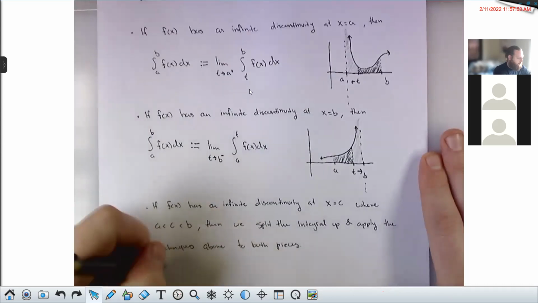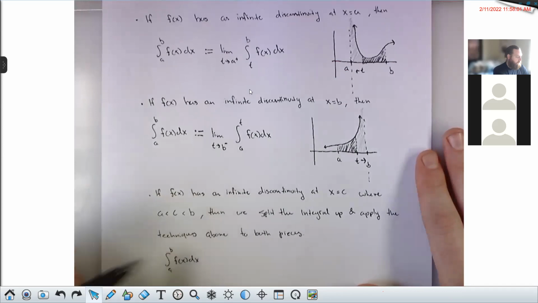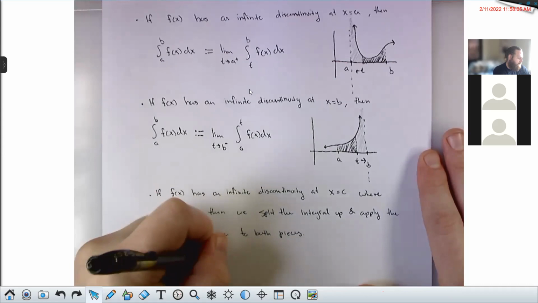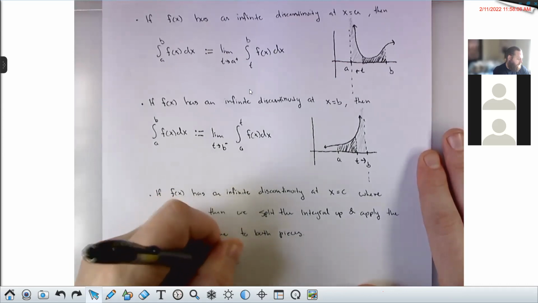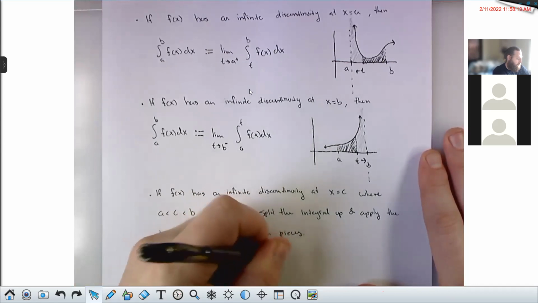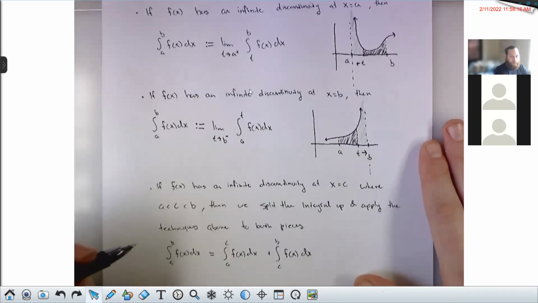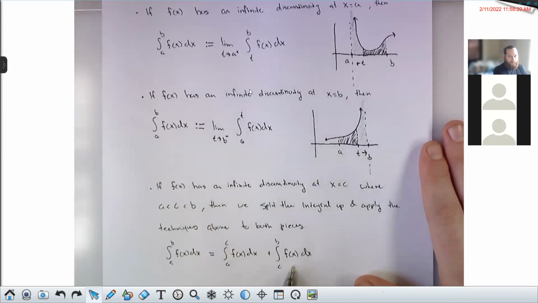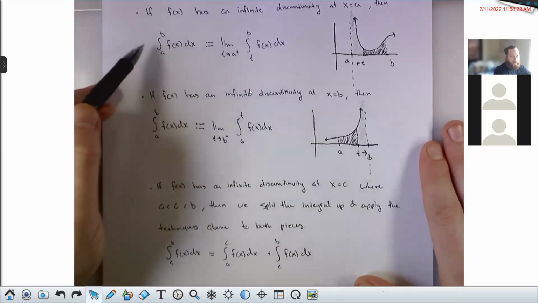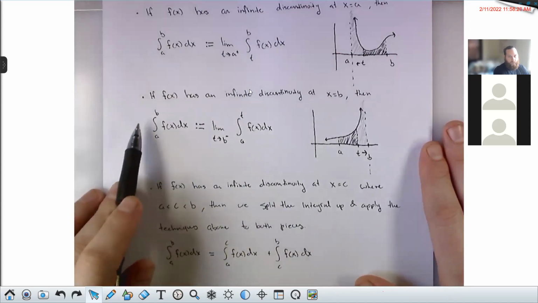So, right, if I had integral a to b f of x dx, and f has some vertical asymptote between a and b at the number c, then I would split this up as the integral from a to c f of x dx plus the integral from c to b f of x dx. And now this piece is like one of these. And this piece is like one of these.